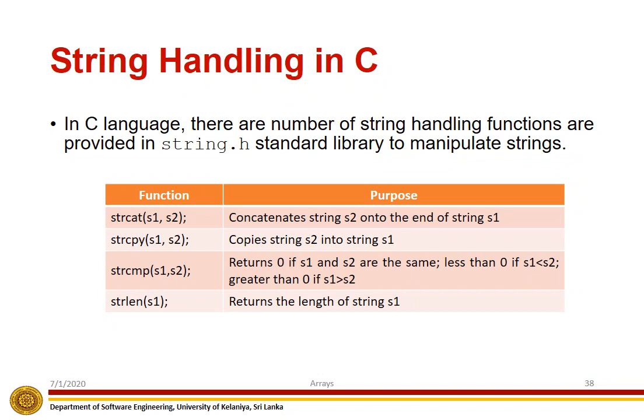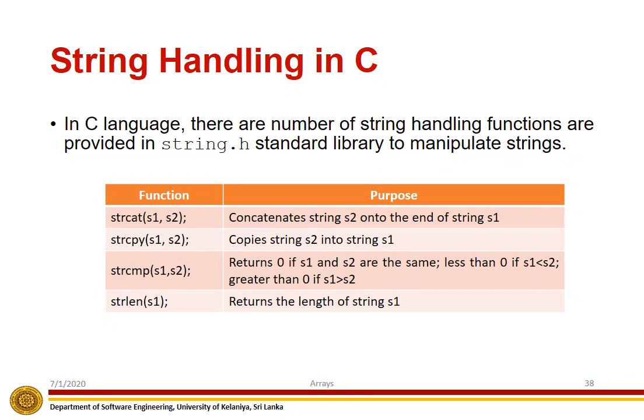The second one is strcpy. Two strings we have to give, s1 and s2. It copies the string s2 into the string s1. Then the third one is strcmp. s1 and s2, two strings we have to give.